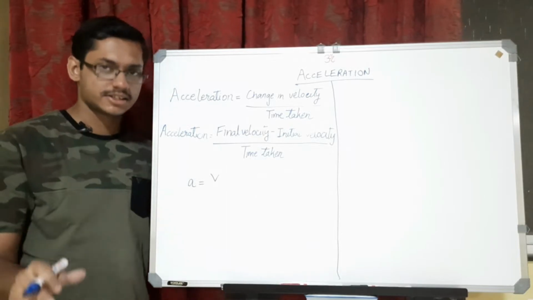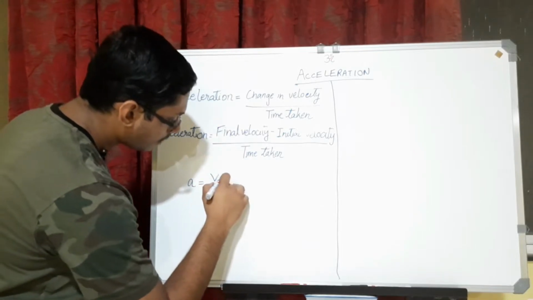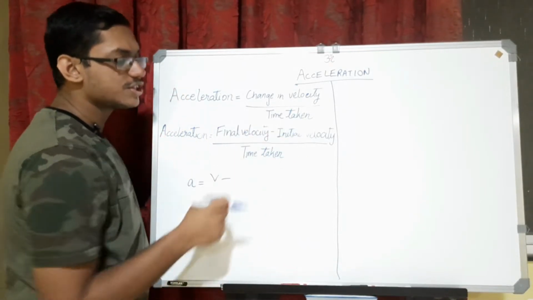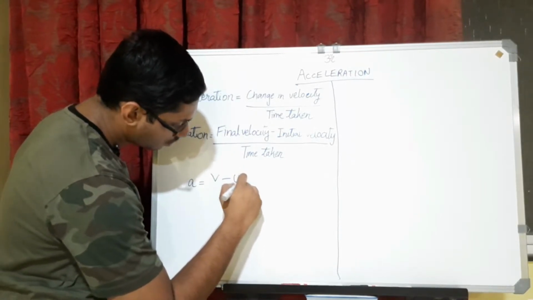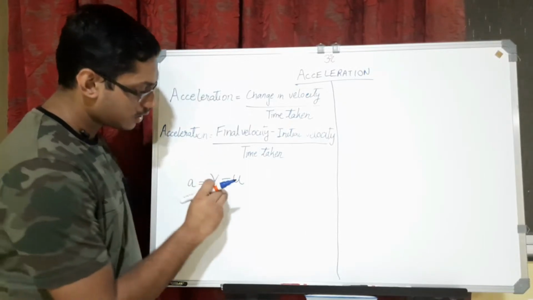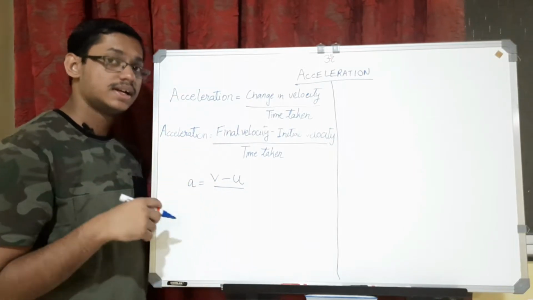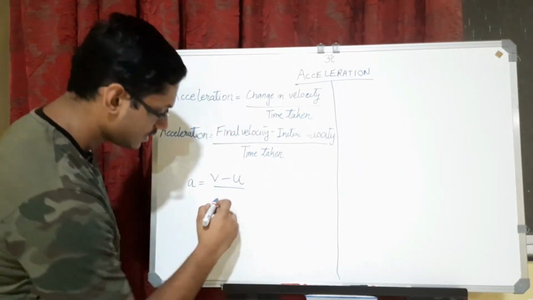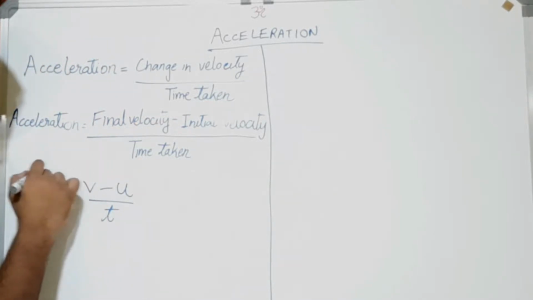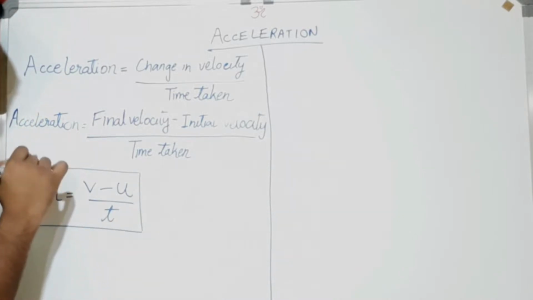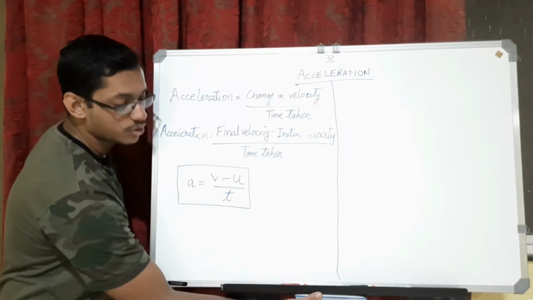Anywhere in any science textbook, final velocity is represented by v, minus initial velocity, which you have to represent as u. Okay, u for umbrella, by time taken, which is shown as t. So this is the scientific formula. You see it in any textbook, it will be written just as it is shown here.